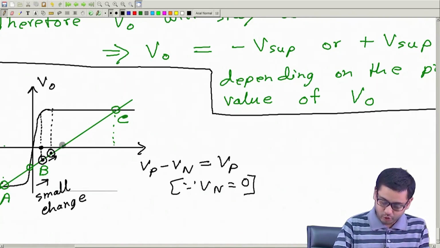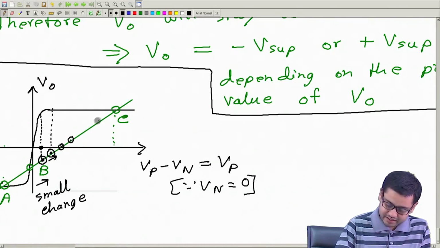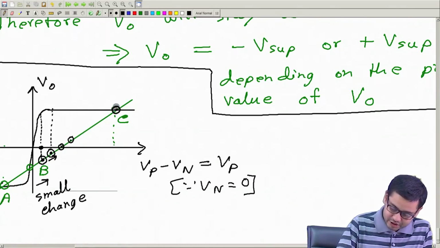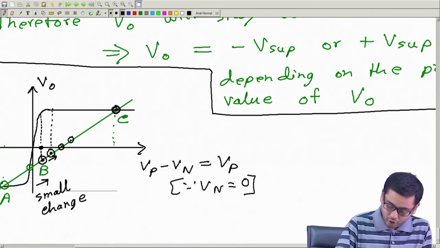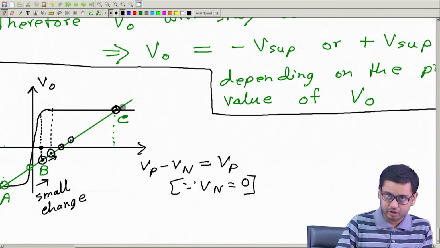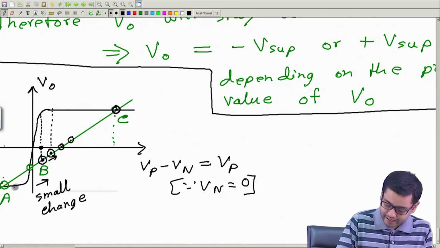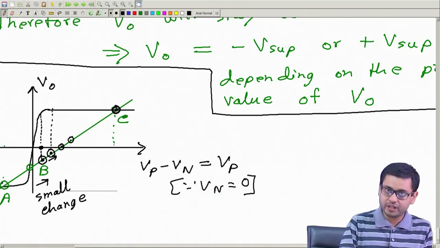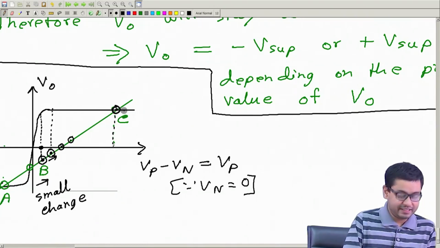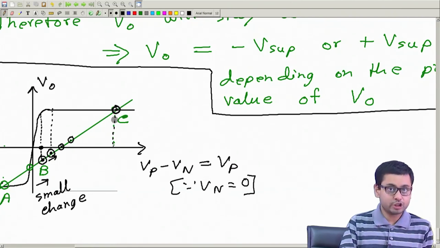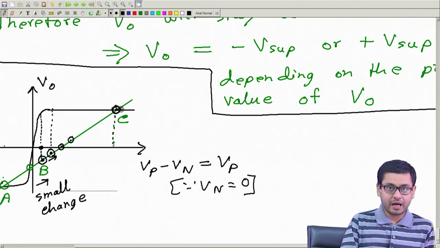This way this point will move gradually like this and come here, at point C. Then the op amp will see that I am simultaneously on this green line, because I am not allowed to move away from the green line, but I am also on this black line, the static characteristic. So the op amp will be happy, because for this value of input, this is exactly what the output should be from the static characteristic. This is where the op amp will stop.